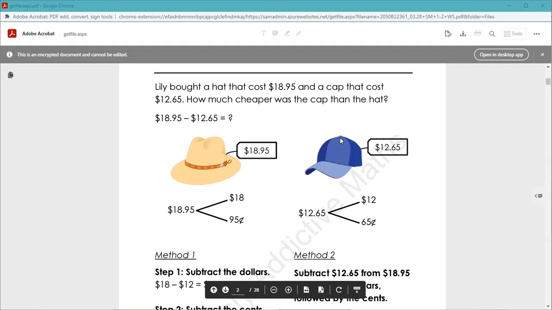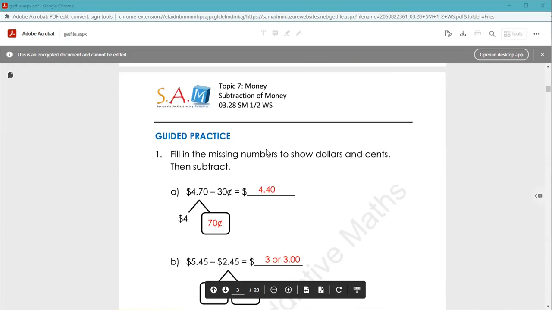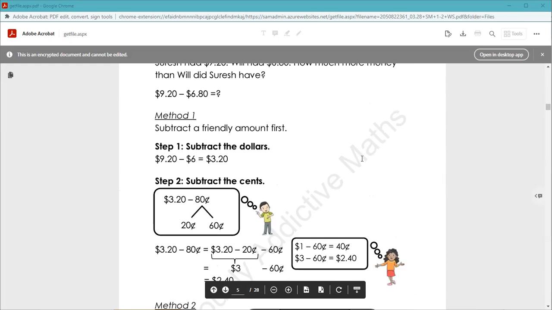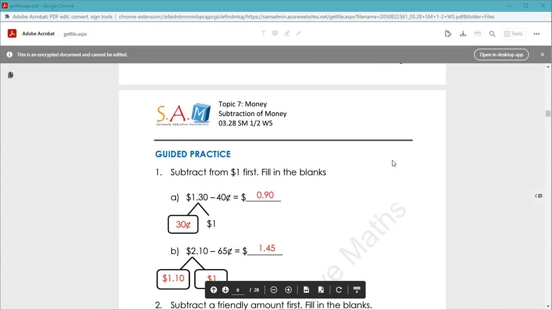So you have to remind the students that they can only use this method if the dollars of the greater value is greater than the smaller value, and the cents is greater than the smaller value. Then you can just do a mental calculation like that by breaking the price up into dollars and cents. And then make sure that they do all the guided practice.